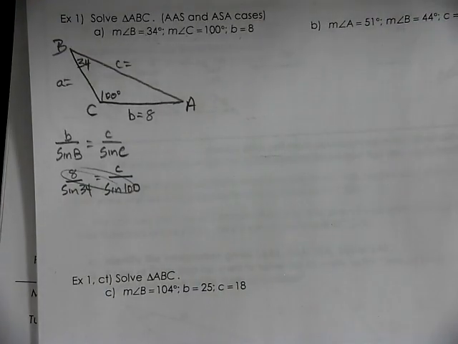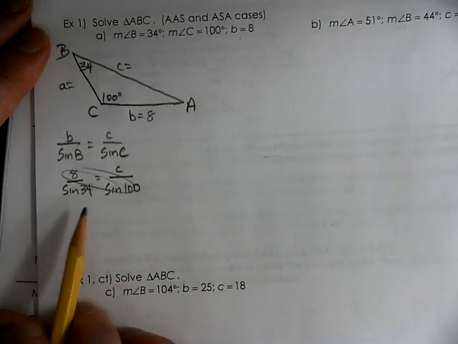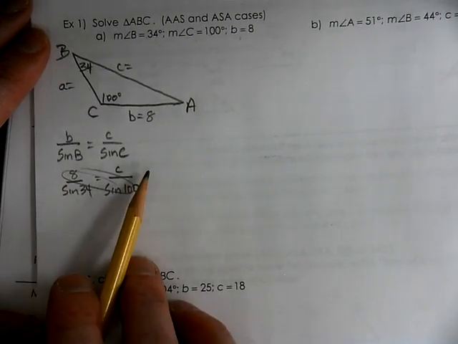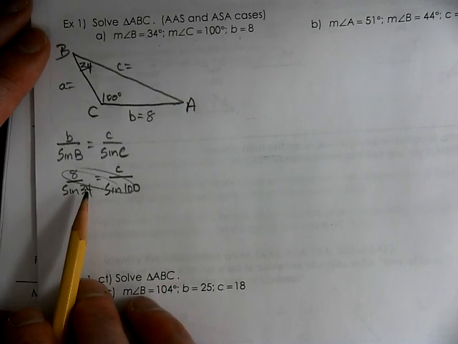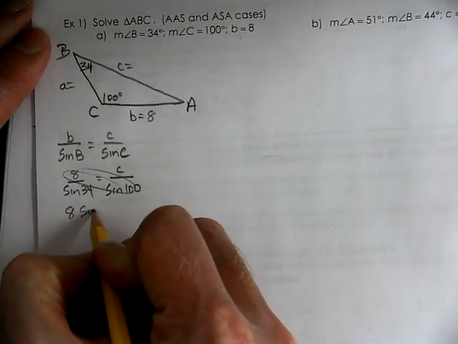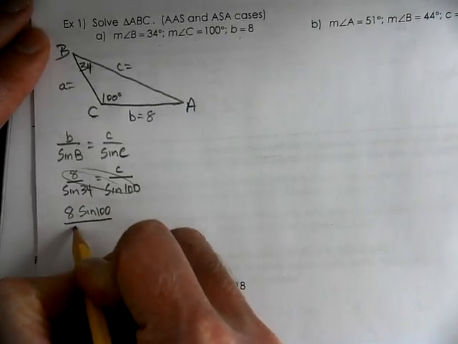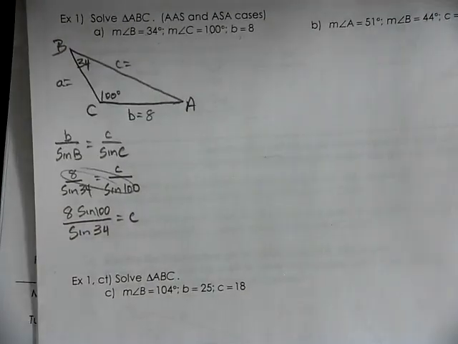Notice I'm only going to cross multiply in one direction because my unknown is already on top of the fraction. There's no need to multiply by sine of 34 and then divide by sine of 34 back again. So I'm just going to multiply 8 sine of 100 divided by sine of 34. And that's going to equal my side c.